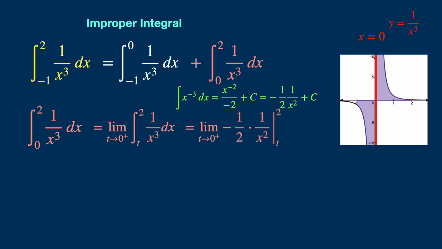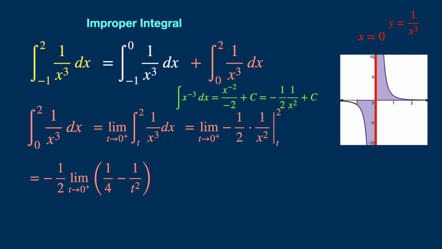Then plug back in. You're going to plug in the 2 and plug in the t. Taking out the -1/2, plug in the 2 first, 1 over 4, and plug in t, that's going to be 1 over t squared. Now we have to find the limit of 1 over t squared. What happens as t approaches 0 positive?